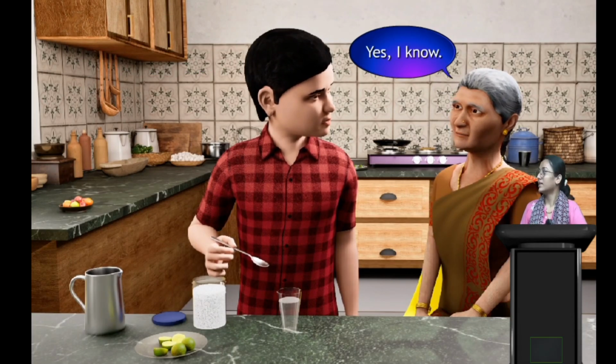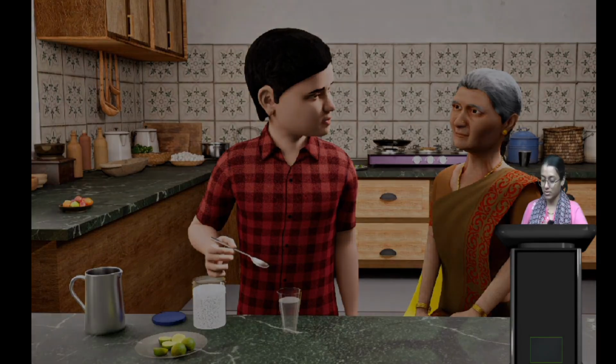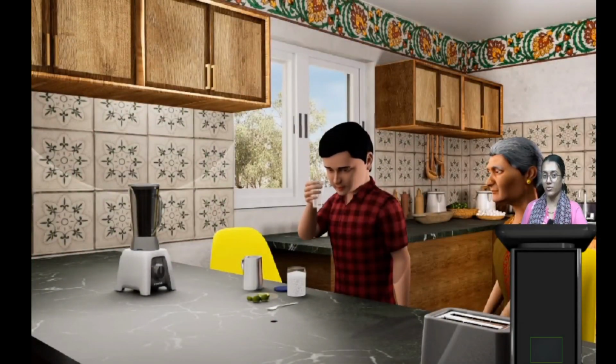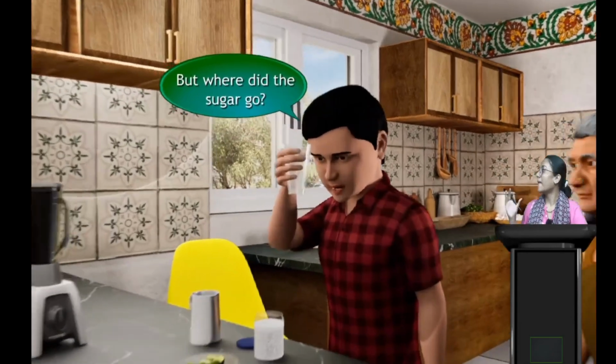And the grandma tells him that yes, I know, because he stirred the water, right? In the water, the sugar got dissolved now, and the mixture will now taste sweet. And this thing, his grandma knows it, right? We also know this, isn't it?